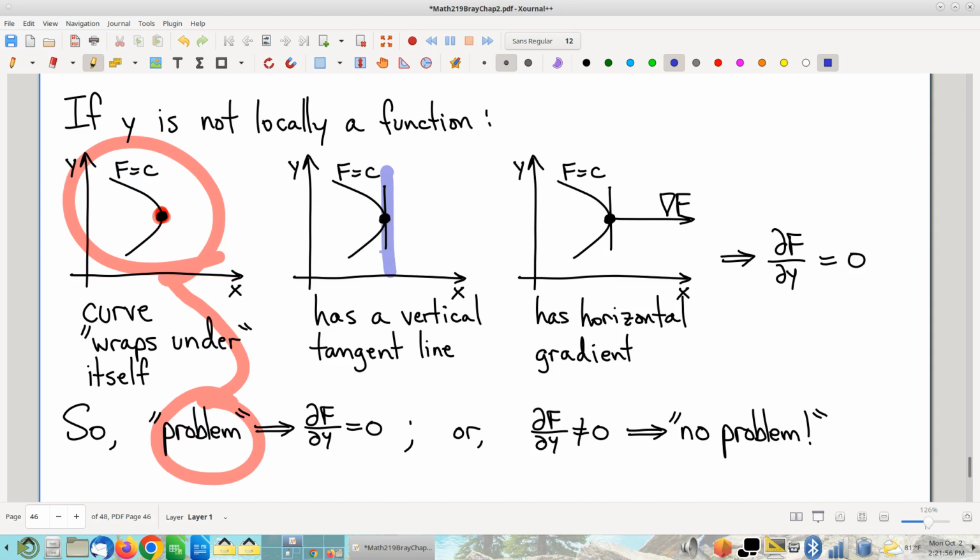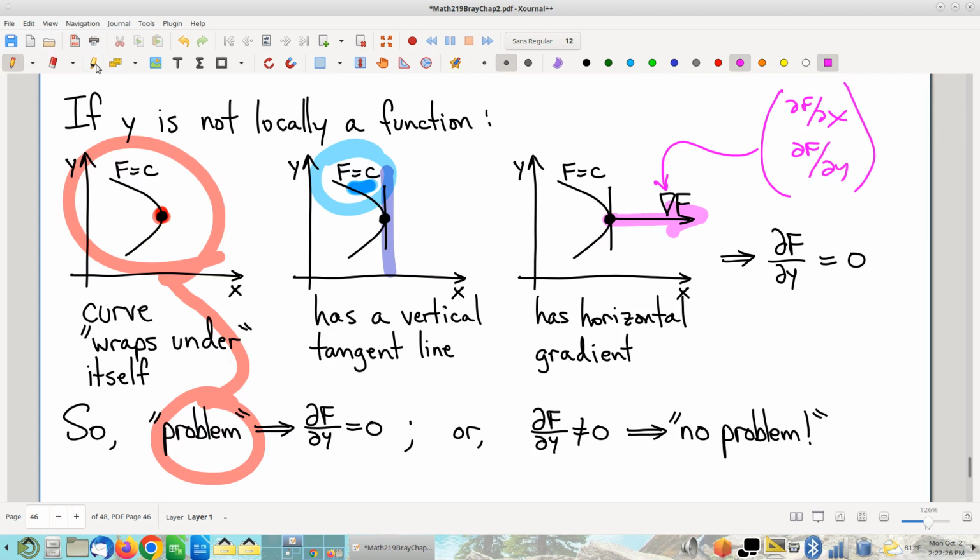Now, keep in mind, we're talking about a vertical tangent line to a level set. Again, this is a level set, and we know gradients are perpendicular to level sets, and so a vertical tangent line would mean that you have a horizontal gradient. Now let me remind you what the formula is for the gradient. The gradient is partial of f with respect to x, partial of f with respect to y.